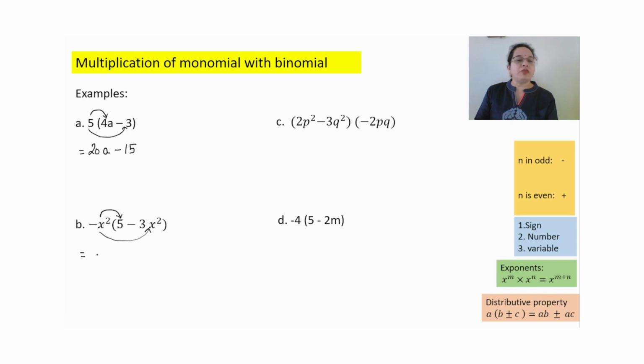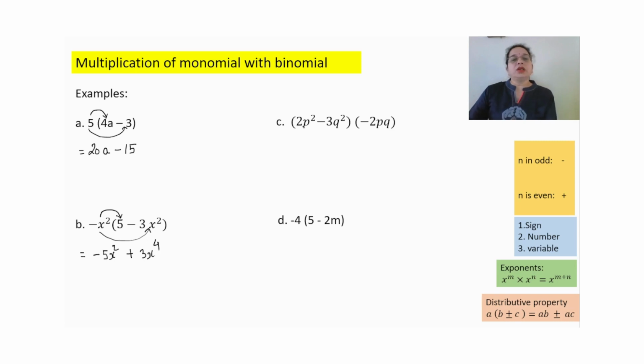So this 5 will become minus 5x square. Now this minus will become plus. So 3x square into x square, base is same, so we will add the powers. So this will become 3x raised to the power 4.